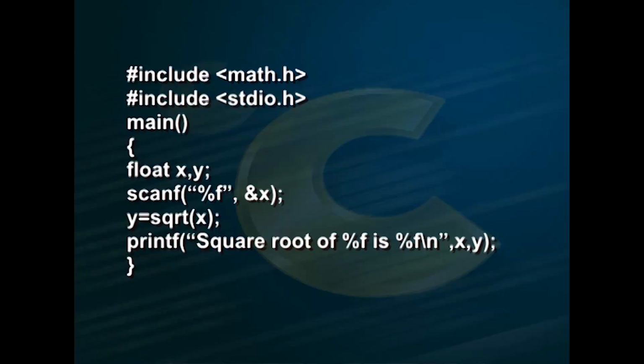#include <math.h> and #include <stdio.h>. Then we start main in curly braces: float x, y; scanf("%f", &x); then y = sqrt(x); printf("square root of %f is %f", x, y); curly brace close.